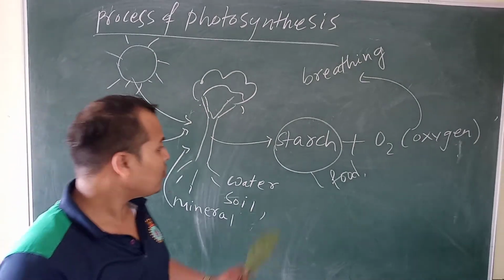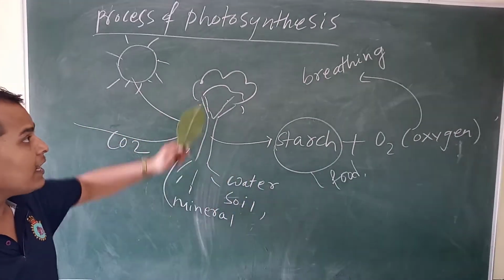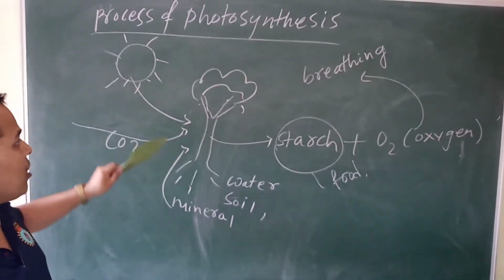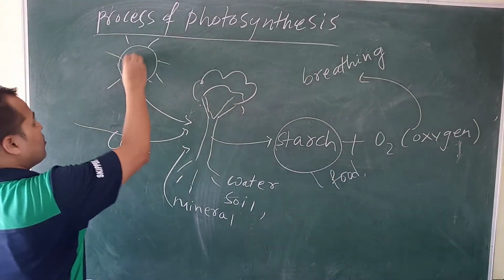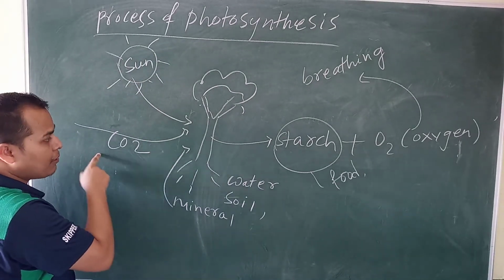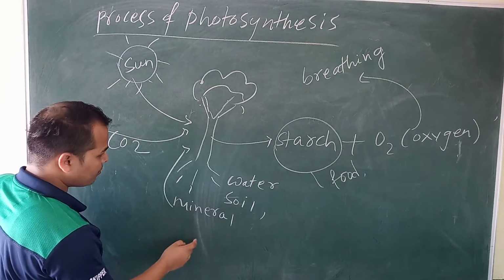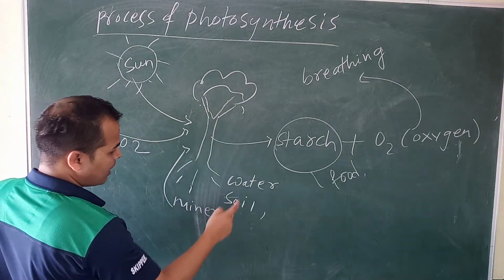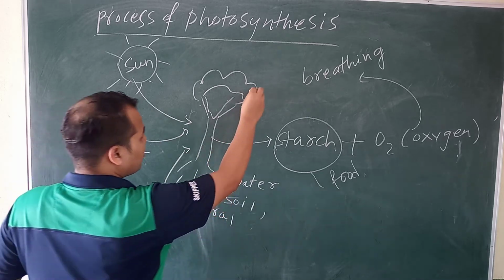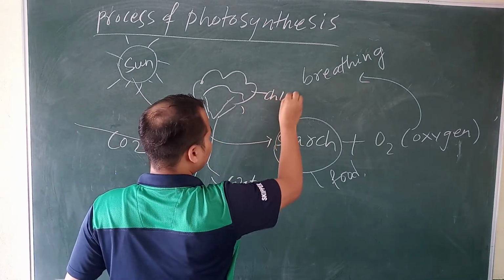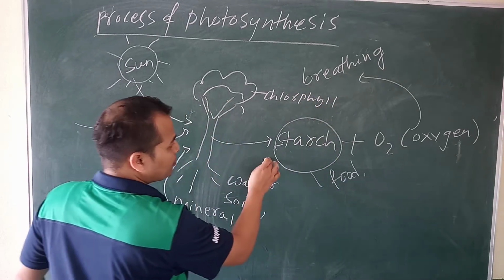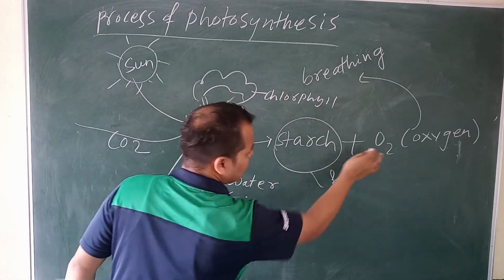In this way plants prepare their food. First, they absorb sunlight, take carbon dioxide, and from the soil, minerals and water. Then all the things mix with chlorophyll, which is already present in the leaves. It produces starch plus oxygen.